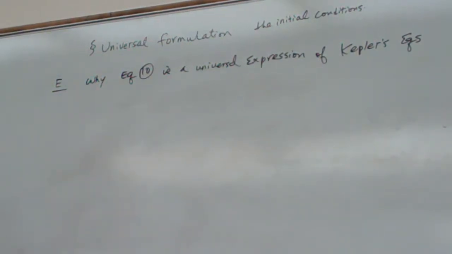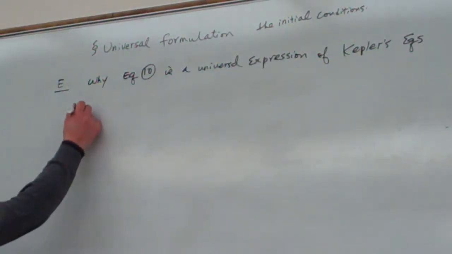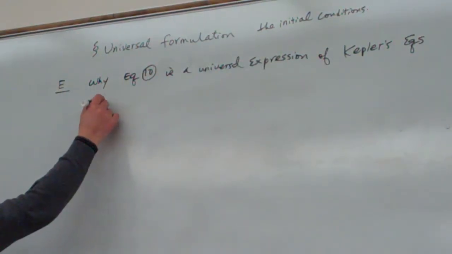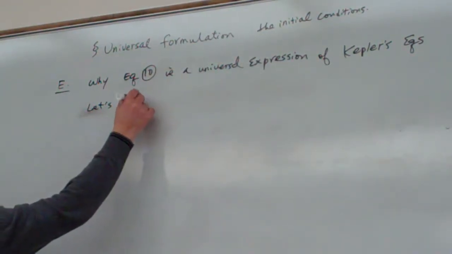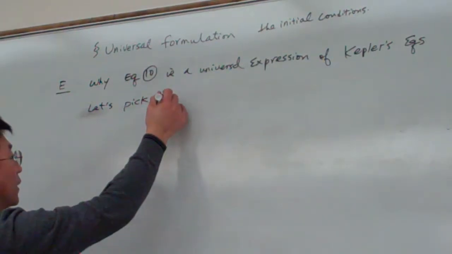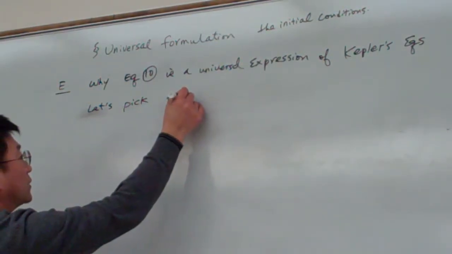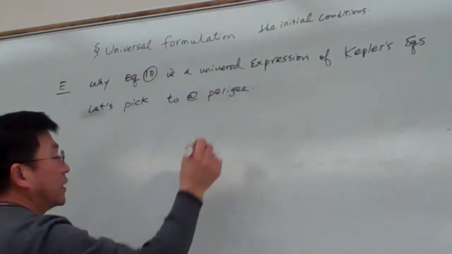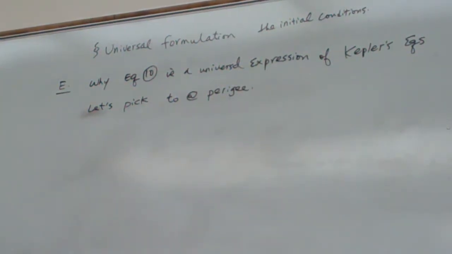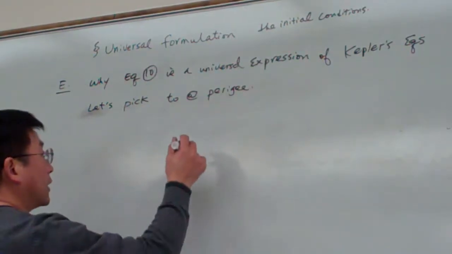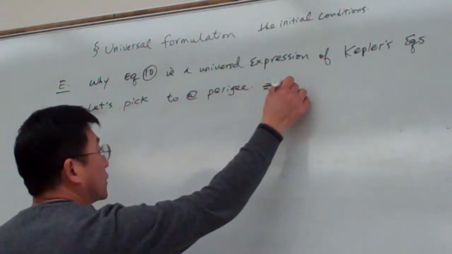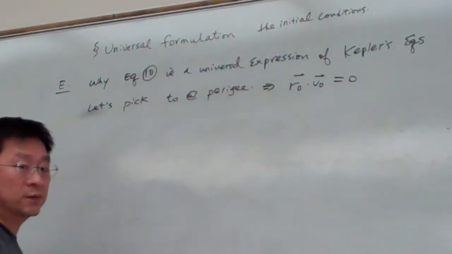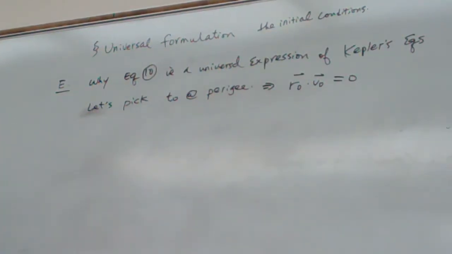Here we can do a little bit of preparation. Let me pick t0 at perigee. So let's take the perigee as our initial conditions. That means r0 dot v0 at perigee is always perpendicular, so it is 0.